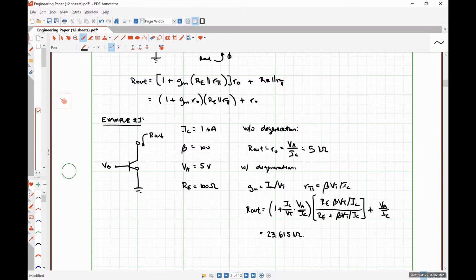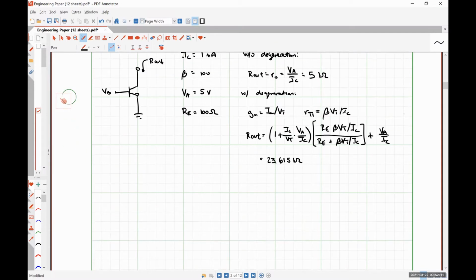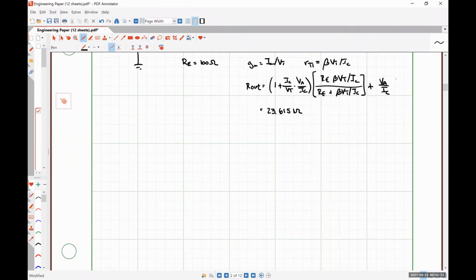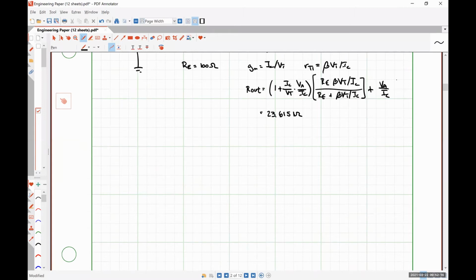So resistor degeneration does a great job of boosting the output impedance, but we also have to take into account that headroom trade-off. In order to get around this, we can degenerate our current source with a transistor. So let's consider this.